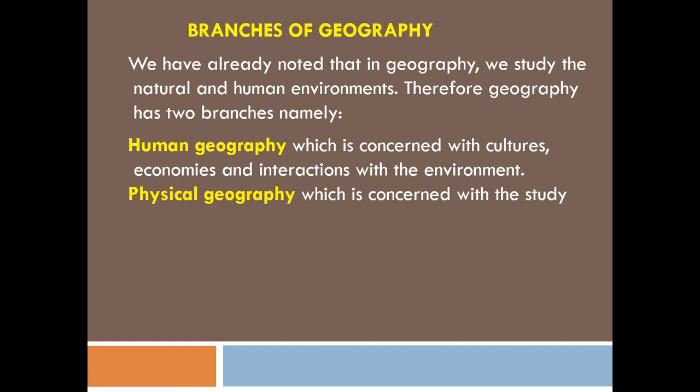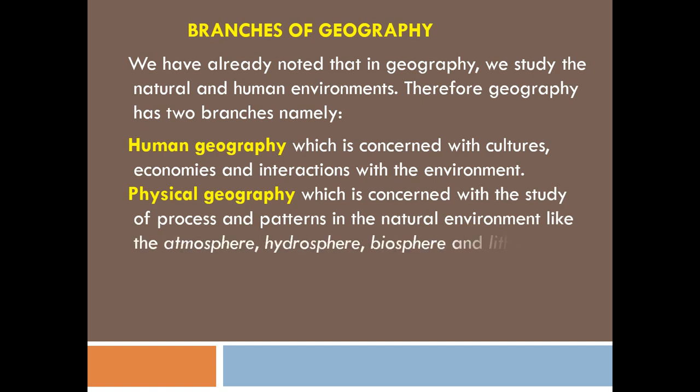Then the second branch is physical geography. And this physical geography is concerned with the study of the processes and patterns of the natural environment. For example, we look at the atmosphere, the space above the earth in our environment. Second, the hydrosphere, that is the water.